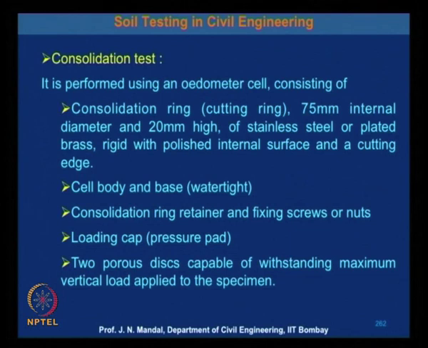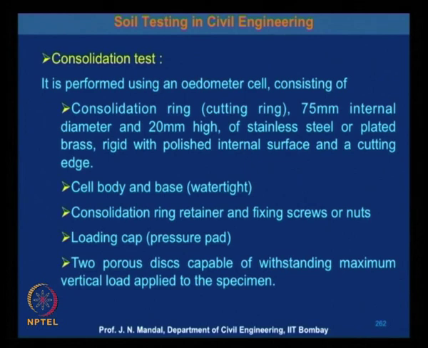Now, how to perform the consolidation test? It is performed using an oedometer cell, and this oedometer consists of a consolidation ring, cutting ring, that is 75 millimeter internal diameter and 20 millimeter high, of stainless steel or plated brass, rigid with a polished internal surface and a cutting edge.